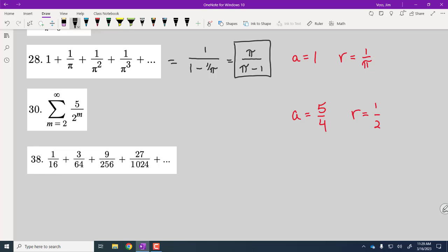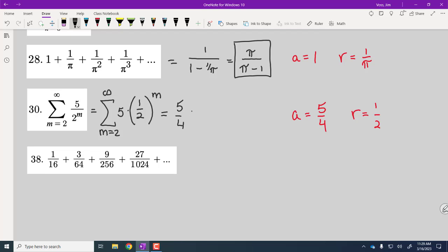There's two ways to rewrite this so that it might be a little more obvious. One way is that we see the 5 is not part of that exponent, so we could rewrite it like this, and then m goes 2 to infinity. That would help. Or maybe we write out the first few terms. We plug in the 2 and we get 5/4.